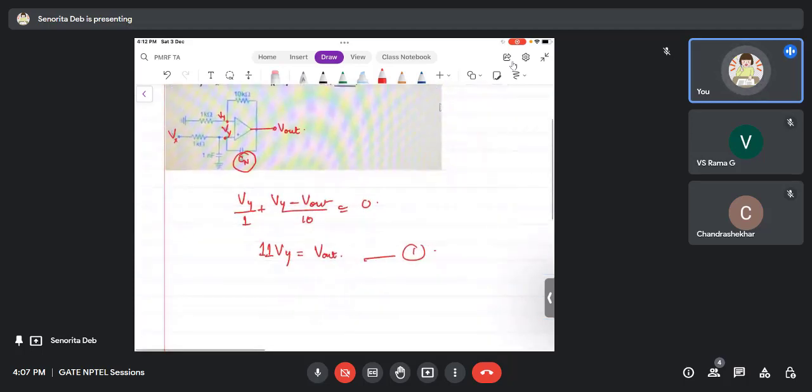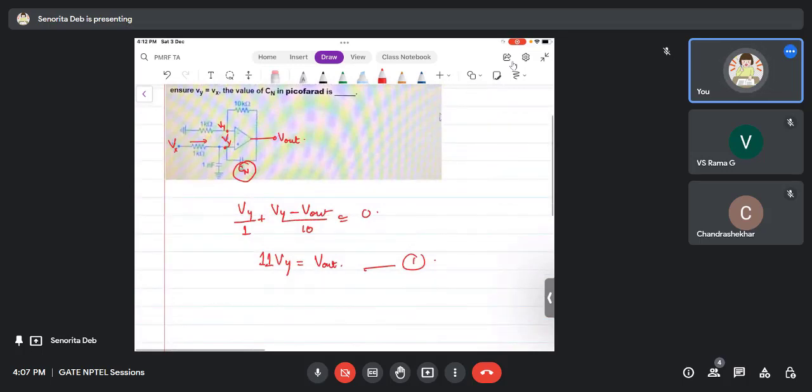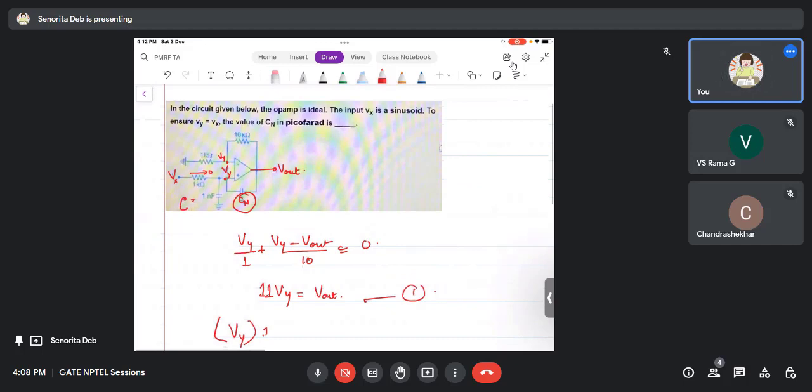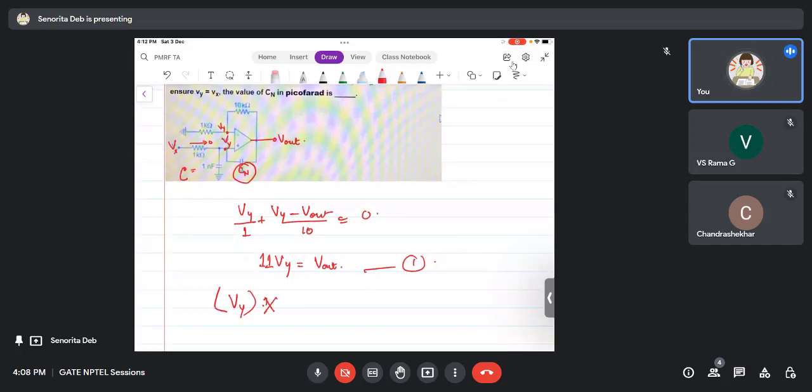Now the second equation: this current is 0, right? Because Vx is equal to Vy, there is 0 current flowing through that branch, and therefore we can write the KCL equation. Let me say this 1 nanofarad is C. So Vy into Xc plus Vy minus Vout into Xcn equals 0, right?